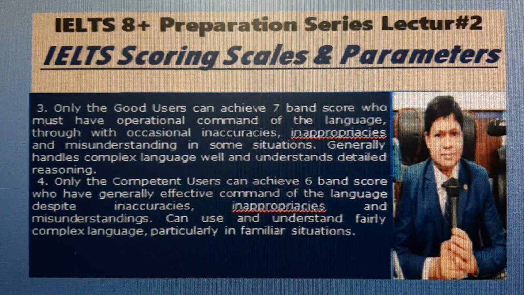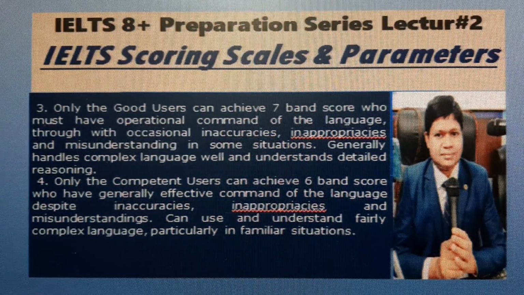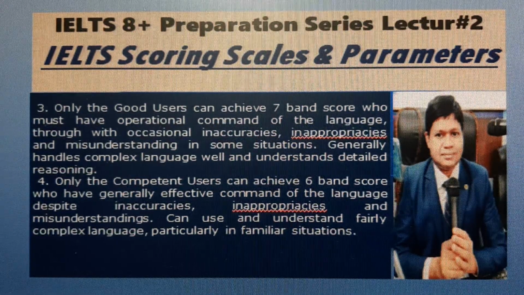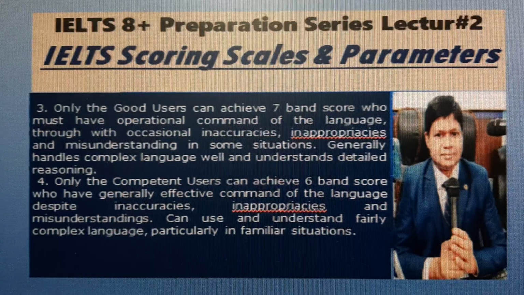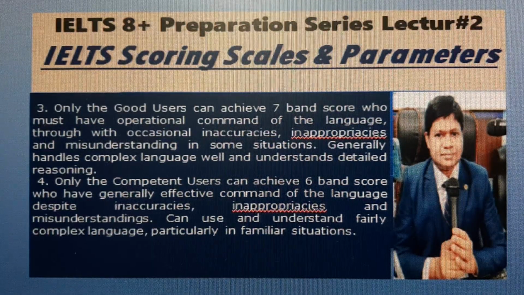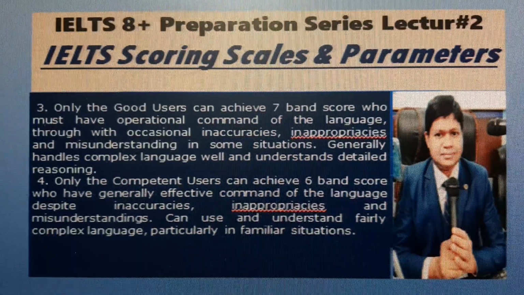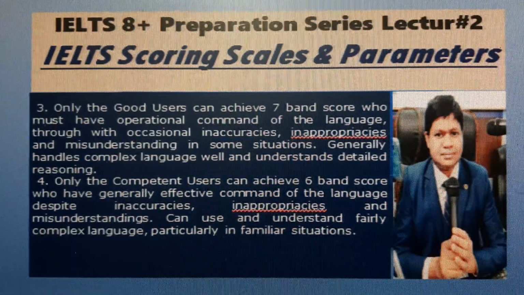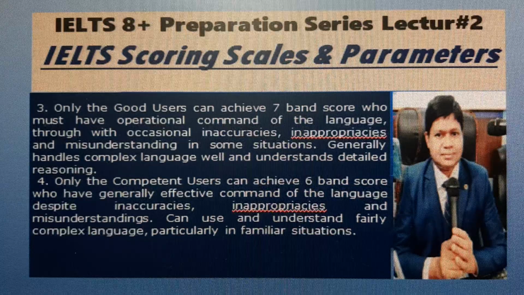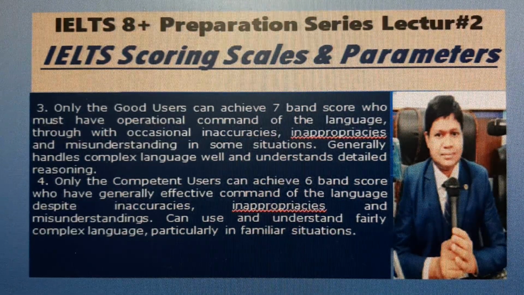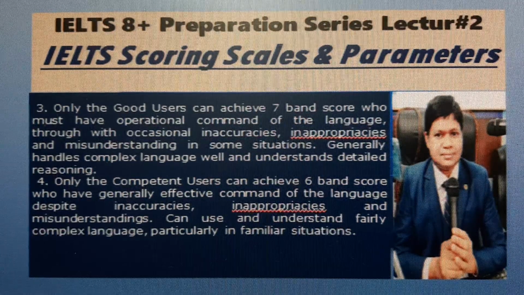Number 2. 8 band. User type: very good user. Experience required: has fully operational command of the language with only occasional unsystematic inaccuracies and inappropriacies. Misunderstandings may occur in unfamiliar situations only and can handle complex detailed argumentation well.